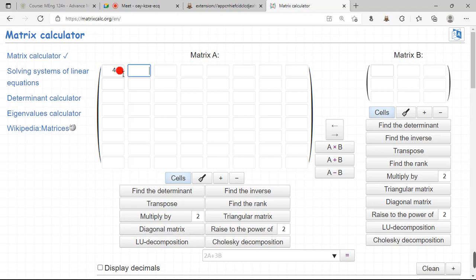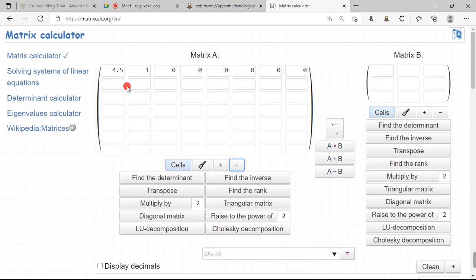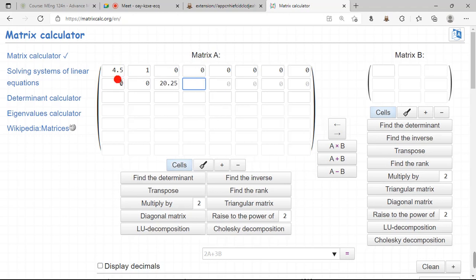4.5, next 0. 1, next. 0 for all, next the second row. 0, 0, next.